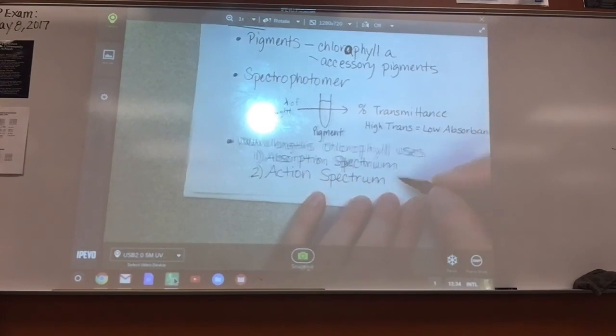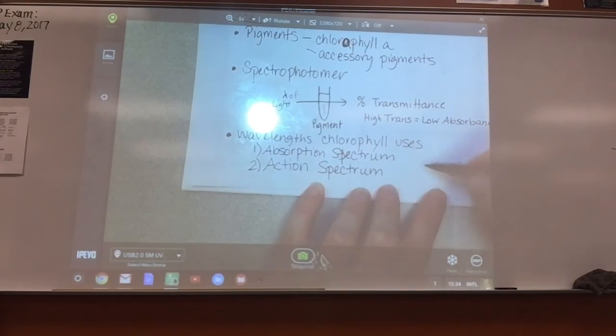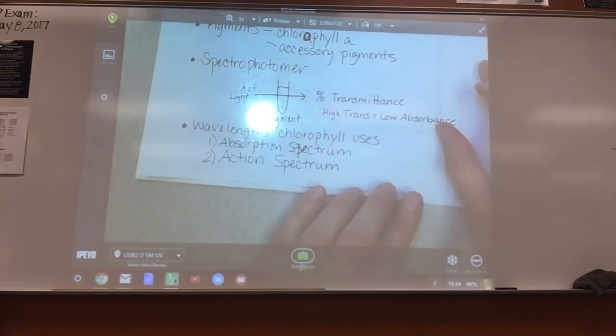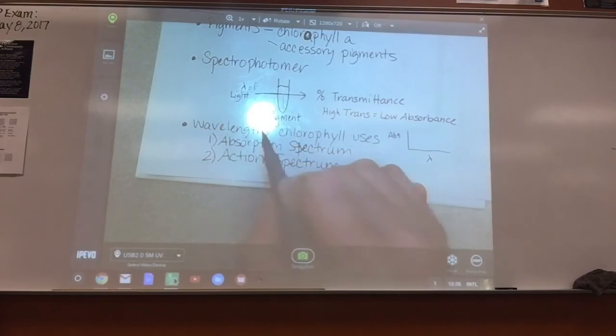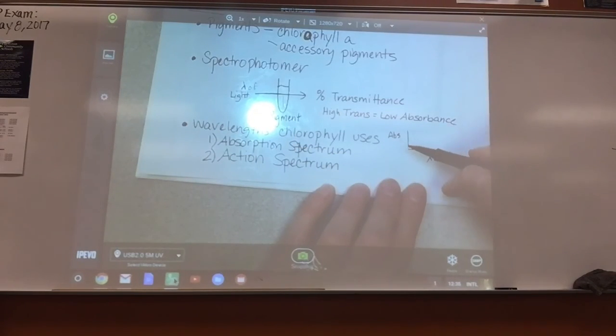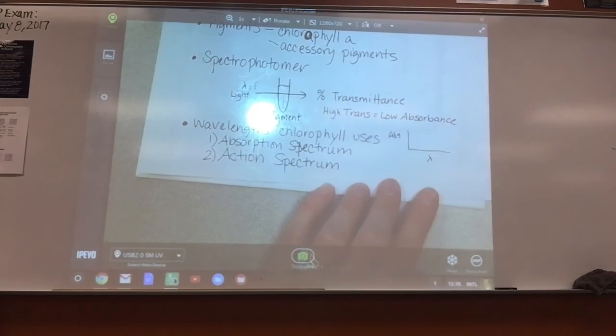An action spectrum looks very much the same. It has the wavelength of light, but instead of absorbance, this is the rate of photosynthesis. So how much photosynthesis is going on. And so where you have the peaks of absorbance, you would expect peaks of photosynthesis. Does that make sense?